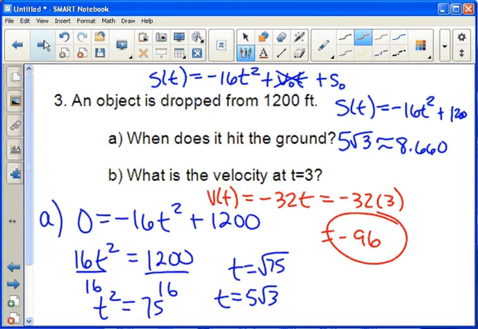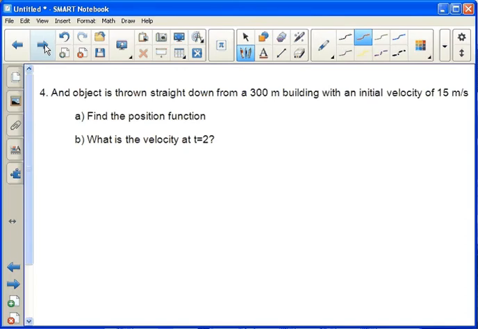Next, an object is thrown straight down from a 300-meter building with an initial velocity of 15 meters per second. We're dealing in meters, so we would do negative 4.9 t squared plus v naught t plus s naught this time for our position function. 300 meters is our initial position.